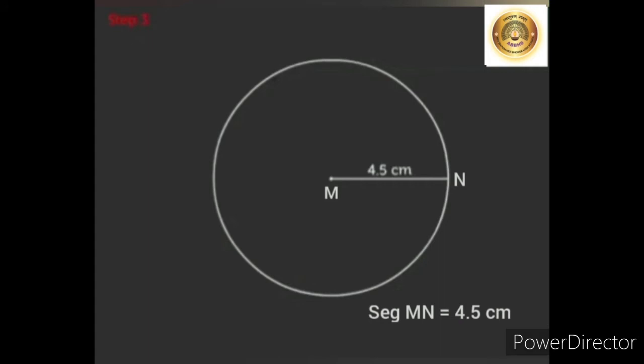M is the center of the circle. N is the other point on the circle. So radius MN is 4.5 centimeter. So write below the circle seg MN is equal to 4.5 centimeter.